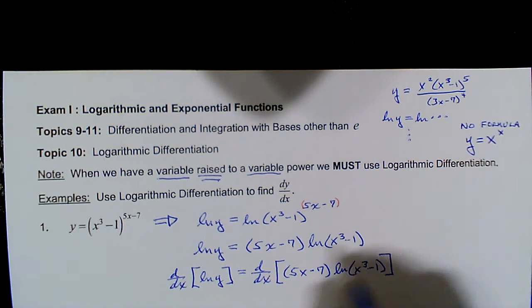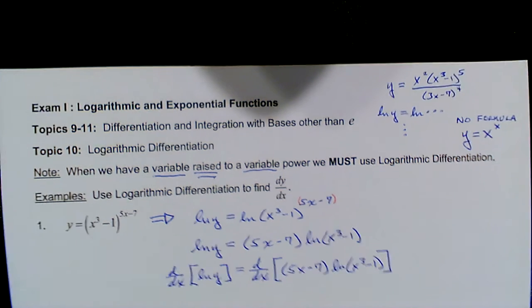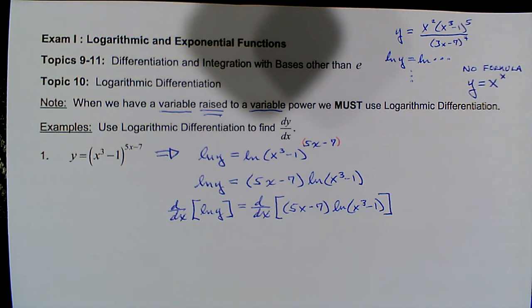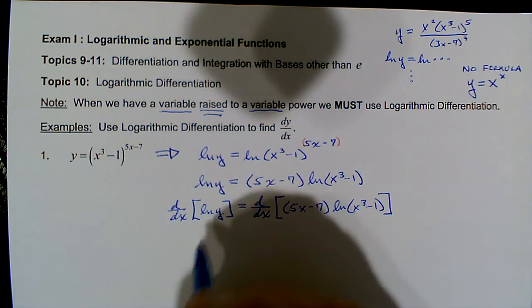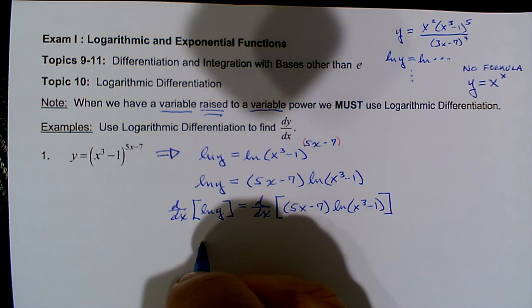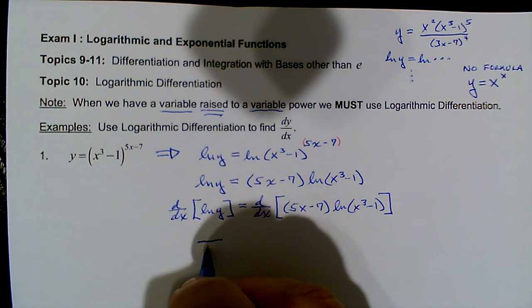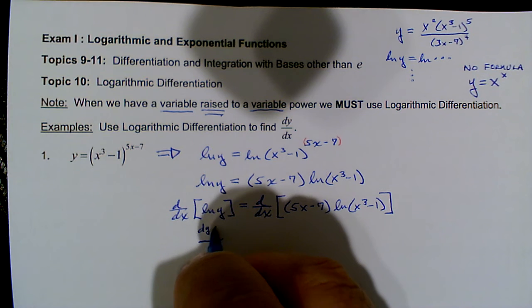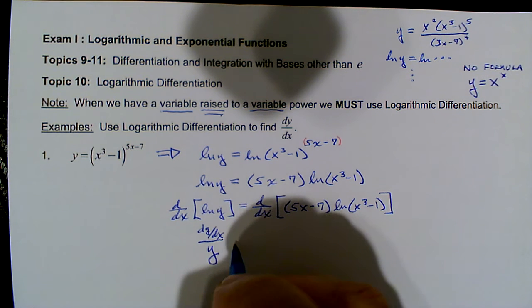And we've talked about this before. When you take the derivative of the natural log of y with respect to x, think of the formula for the natural log of u, where the log goes away and you get a fraction, and we put y on the denominator, and its derivative, dy/dx, in the numerator.